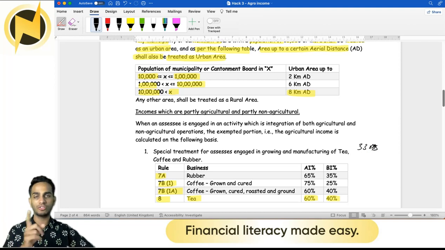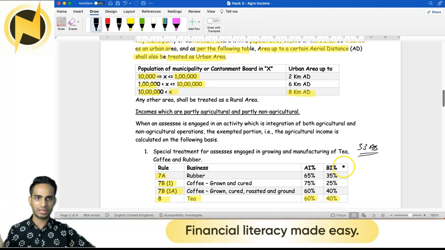So profits and gains of business or profession, that's the third head of income, which falls under section 28 of chargeability. Under that head, there's a particular section called section 33AB, wherein you'll be learning a bit more about assessees who are engaged in the business of tea, coffee and rubber. Alright, so always link these two sections when you learn.